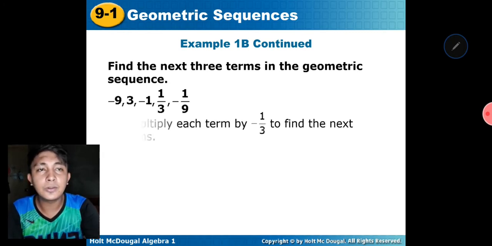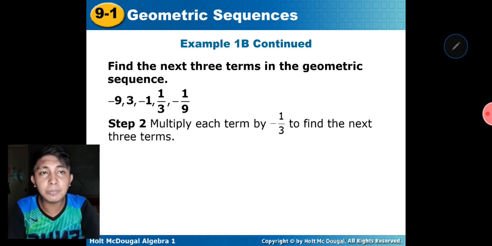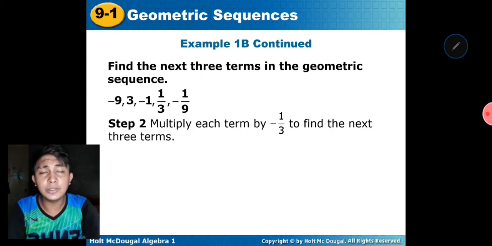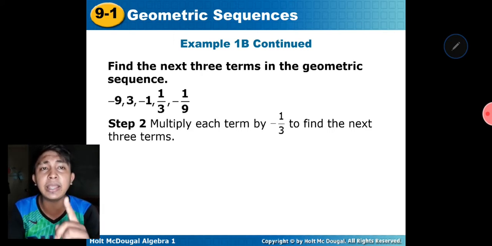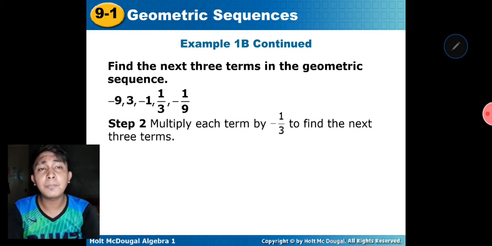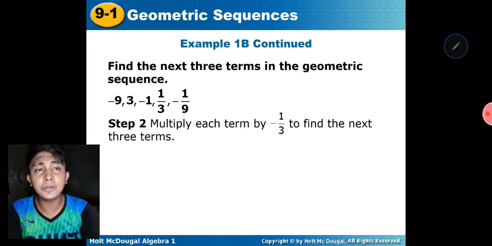Okay, find the next three terms in the geometric sequence. So the step 2 is to multiply each term by negative 1/3. So the last term, the fifth term, is negative 1/9. Multiply it to negative 1/3, magiging positive siya. Negative times negative, we have positive. So we have numerator times numerator, 1 times negative 1 times 1 times negative 1, we have 1.